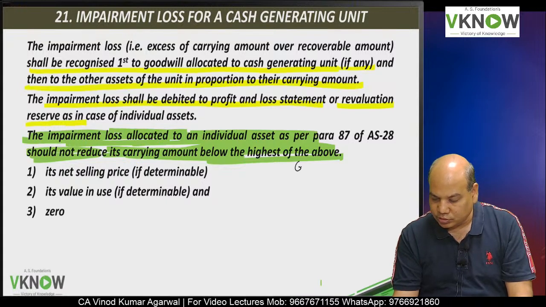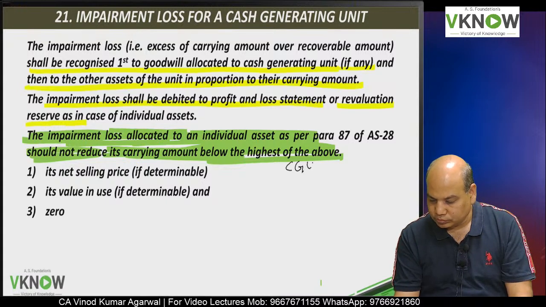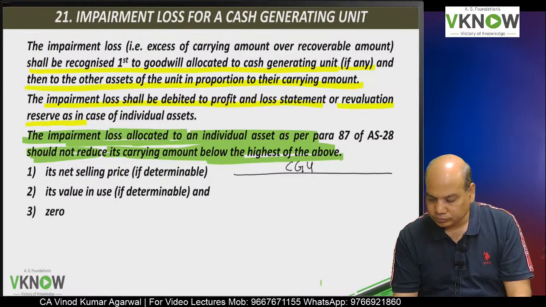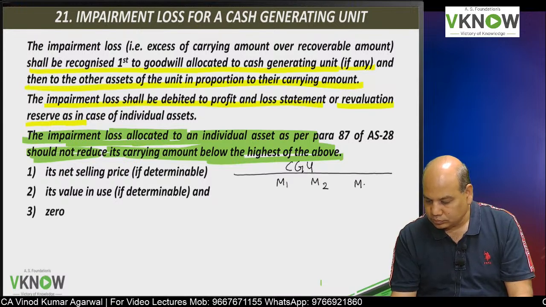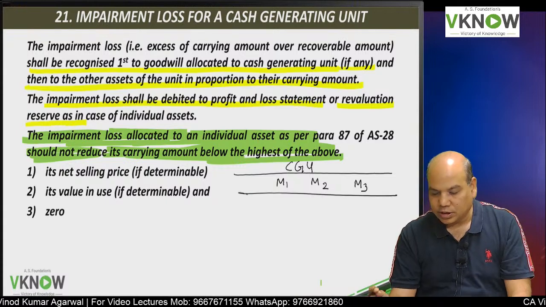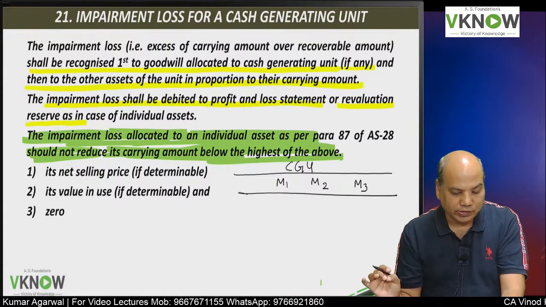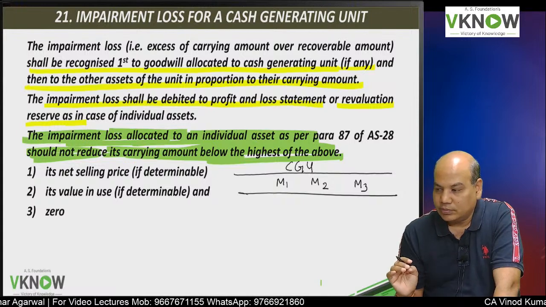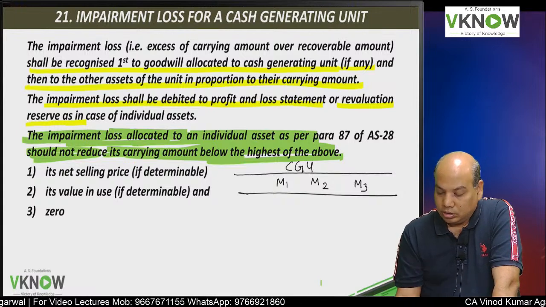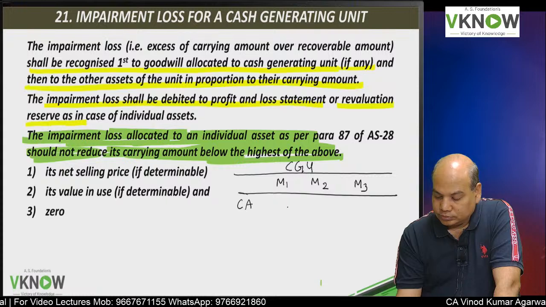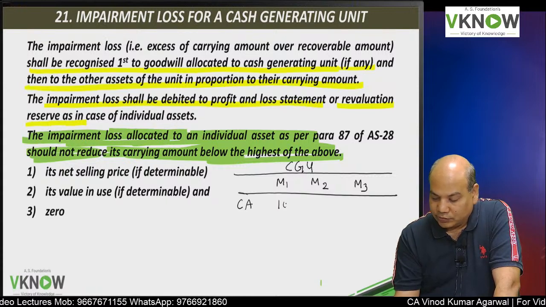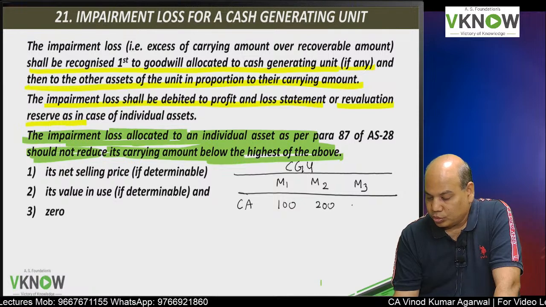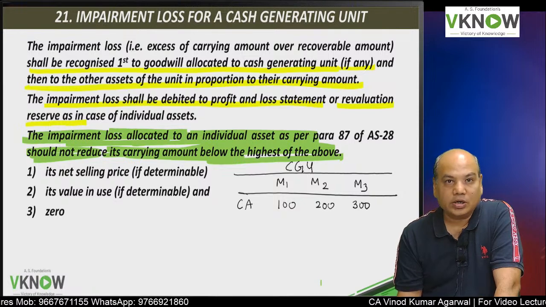Suppose there is a CGU and it has 3 machines. Only understand this; no question on this is asked in the exam, it is only for theory. Their carrying amounts before impairment were, let us say, 100, 200, 300.